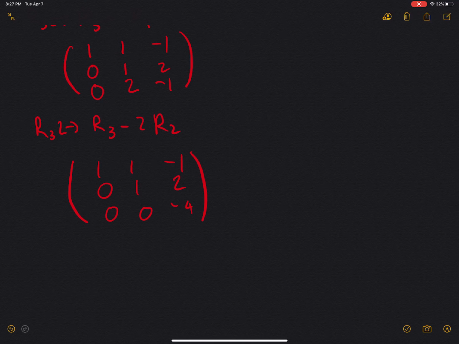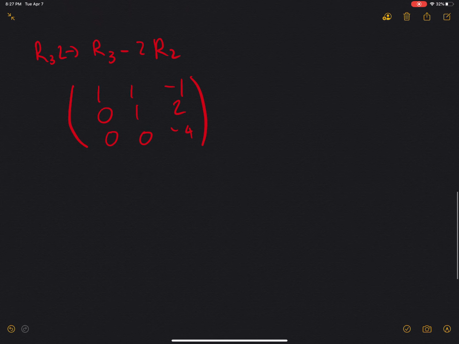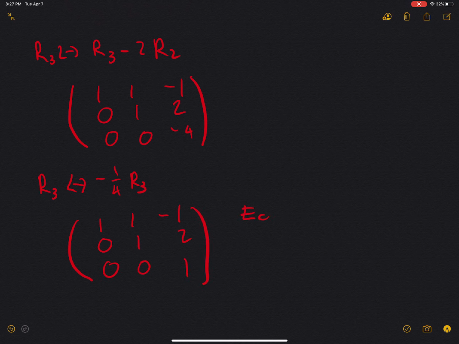So this is good. Now in order to finish my echelon form, I'll replace the third row by -1/4 of the third row. That will make this become a 1. Remember that whenever we have matrices, we need our echelon forms to have 1s for the pivot positions. So now we have an echelon form.